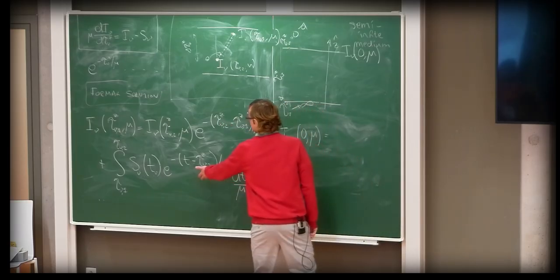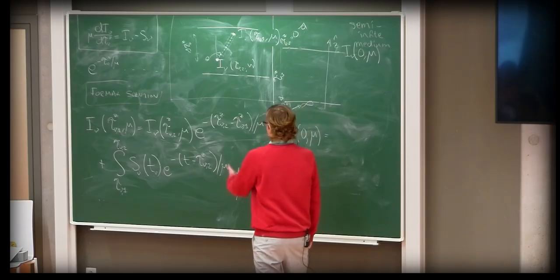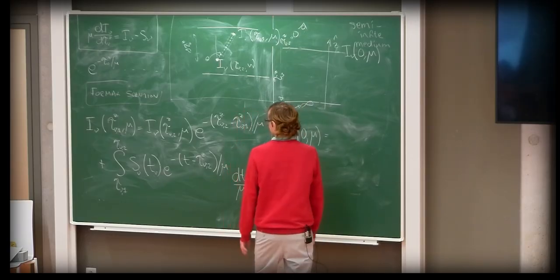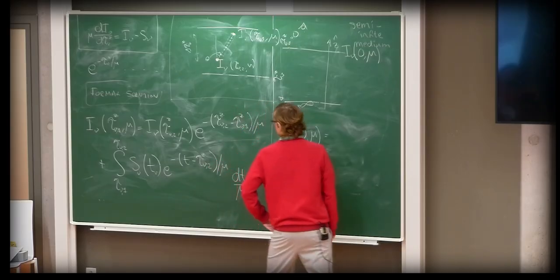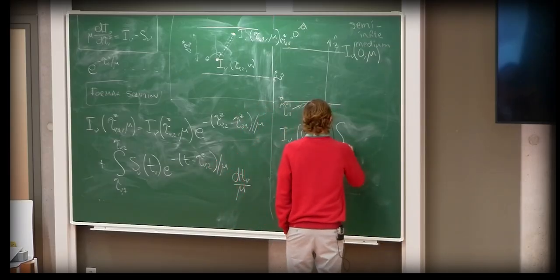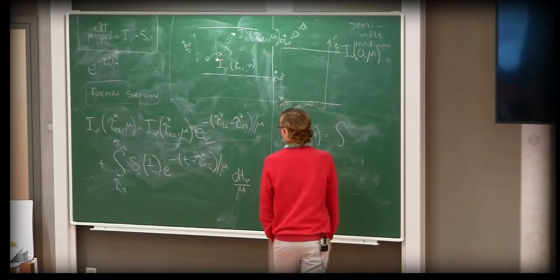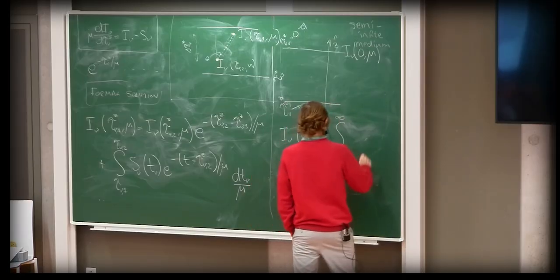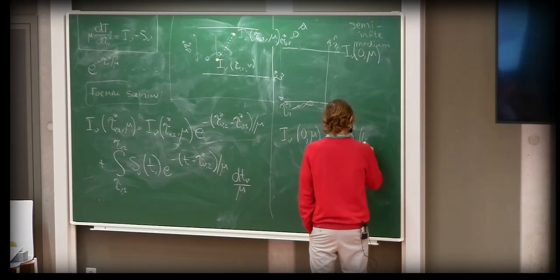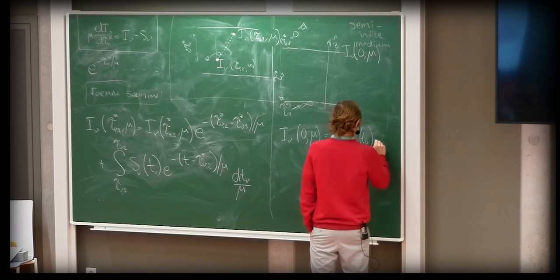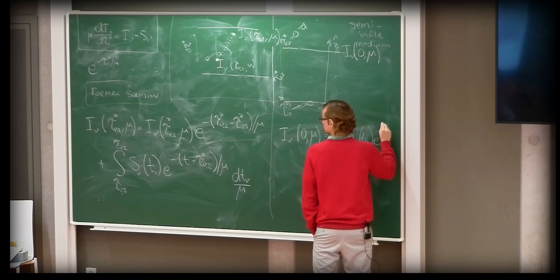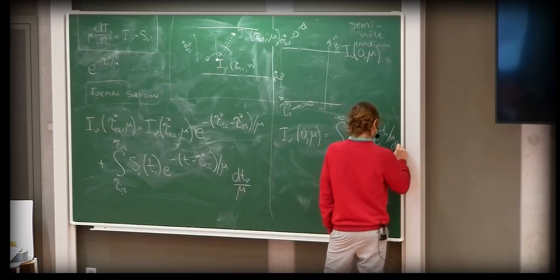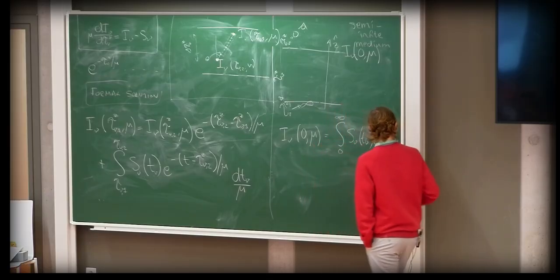The only thing that we're going to get is this one over there, and we have said that this one is 0. So we're going to see this from 0 to infinity of S nu of t nu, e to the minus t nu divided by mu, d t nu.